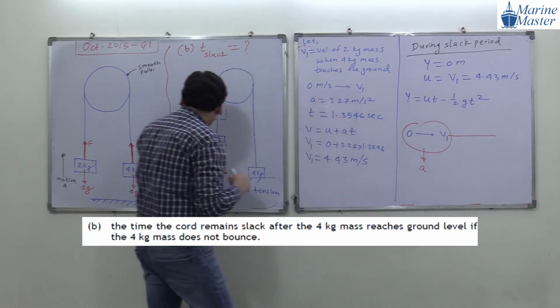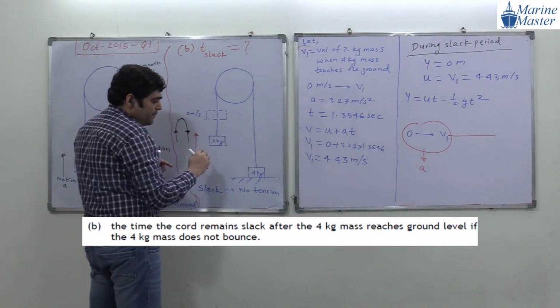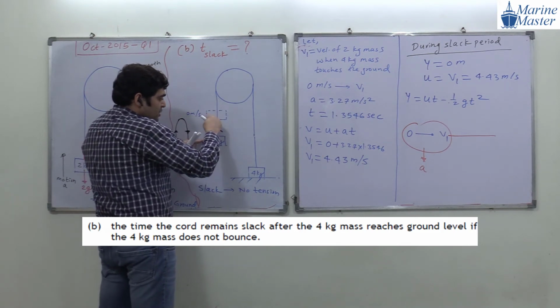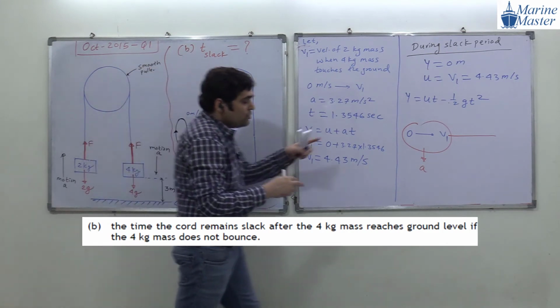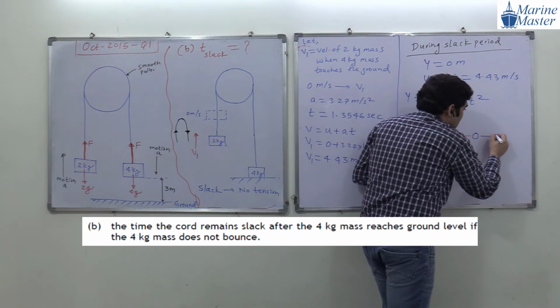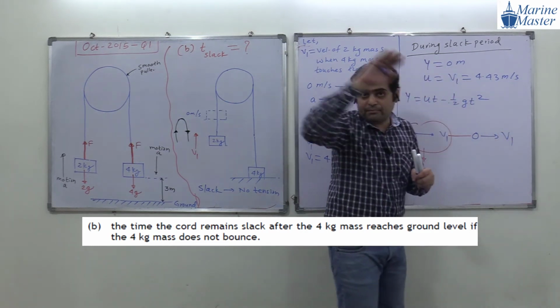So in the second scenario, it goes from v1 to 0 and again from 0 to v1, reaching the maximum height.